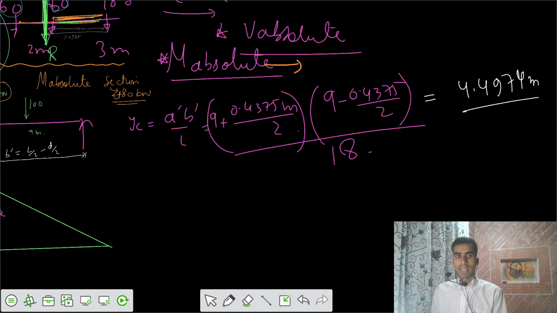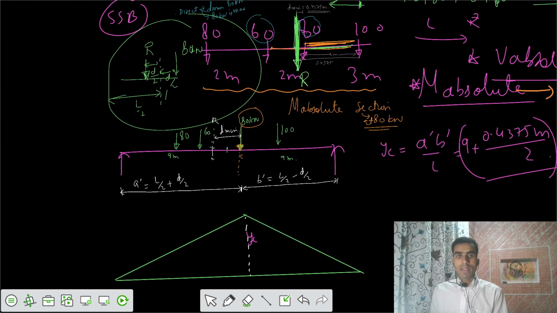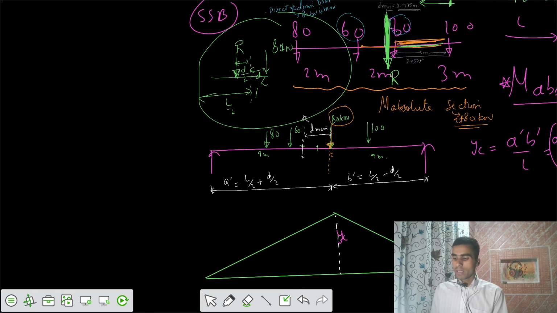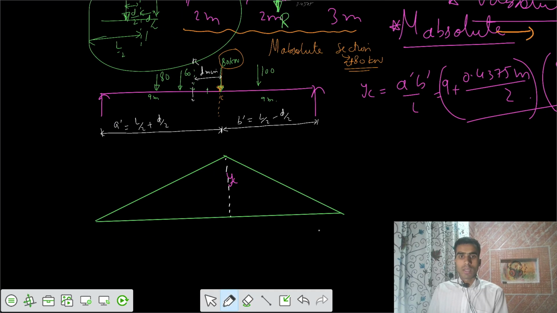This is our YC. And I have to place the critical load, the 80 kilonewton load, at this location to get the maximum, absolute bending moment.